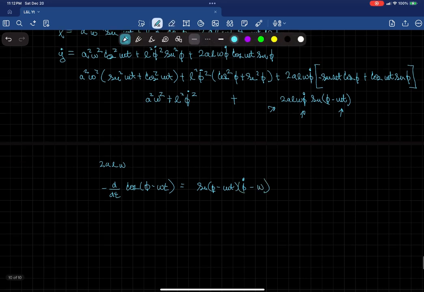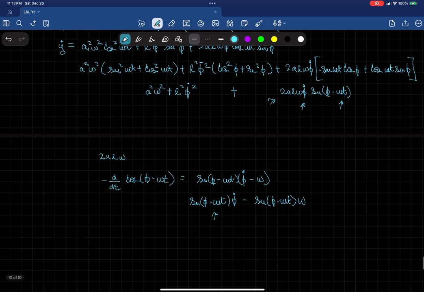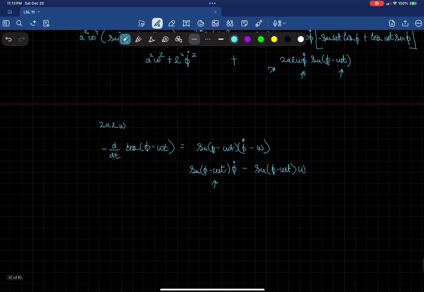If I expand these terms, I'll have sine phi minus omega t times phi dot minus sine phi minus omega t times omega. And this is exactly the term we want, so we can simply rearrange for it.